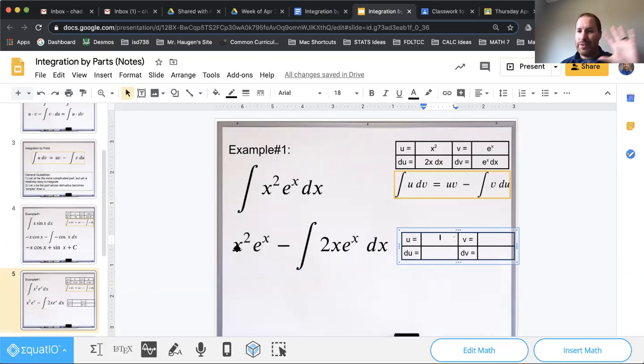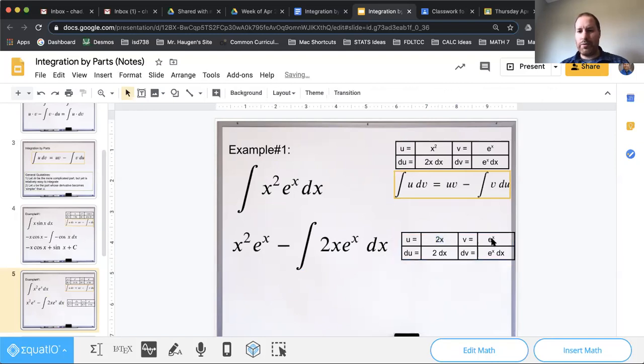This part we're going to leave because that's all done. So here I'm going to let u be my 2x, which means my du is 2 dx. I'll let my dv be e to the x again, kind of the same thing as what we had before, meaning v will be e to the x. All right, let's make that not be too big. So here we're basically doing the same thing, but on this one.